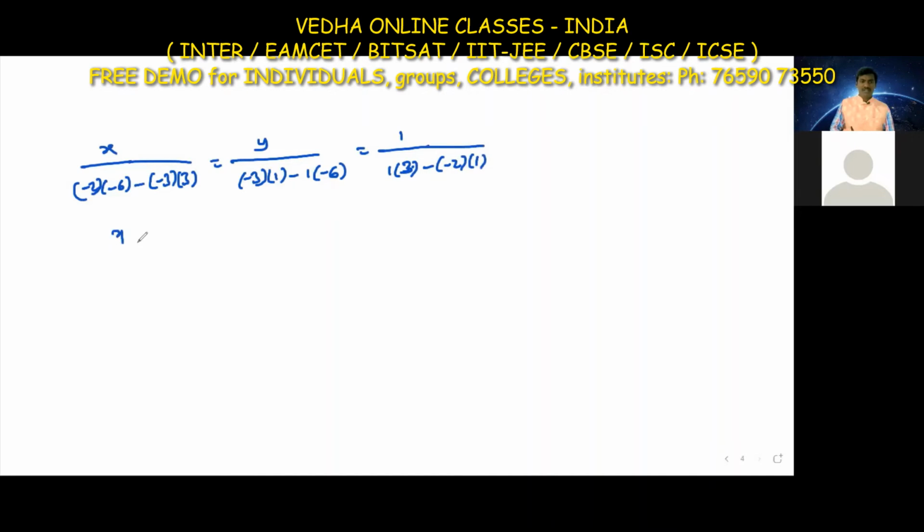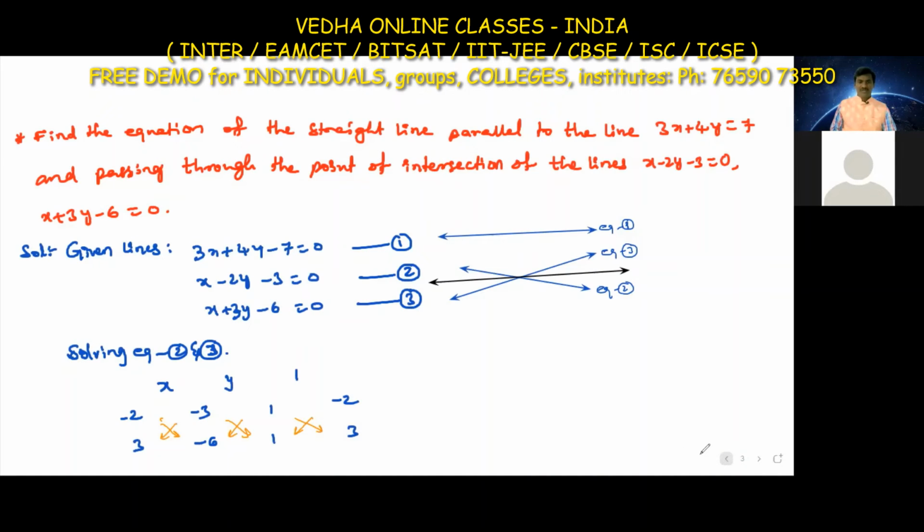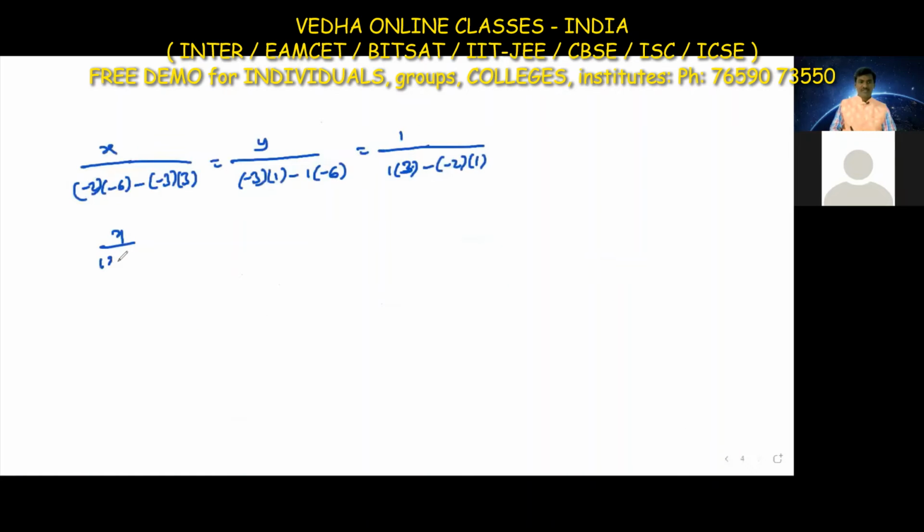Now simplify: minus into minus is plus, 2 sixes are 12, so 12 plus 9 is 21. Y divided by minus 3 plus 6, which is 3, is equal to 1 divided by 3 plus 2, which is 5.